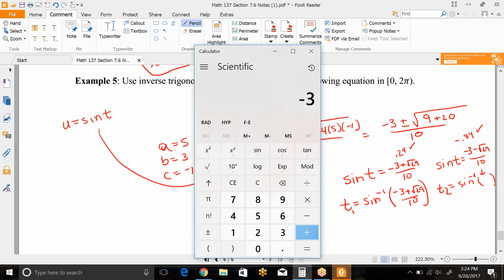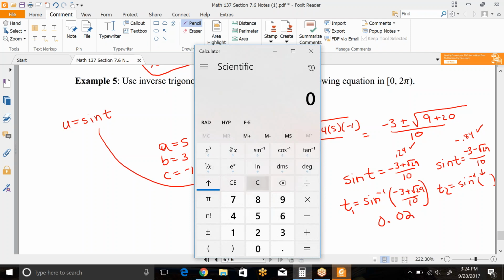So negative 3 plus the square root of 29 divided by 10. We just want the whole decimal. And then we want to take the inverse sine of that, this time not cosine.